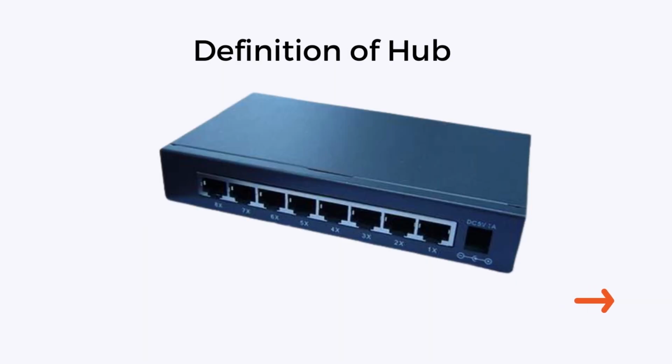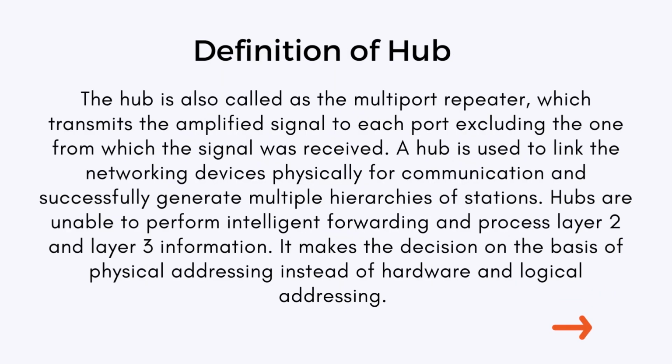Definition of hub. The hub is also called the multiport repeater, which transmits the amplified signal to each port, excluding the one from which the signal was received. A hub is used to link the networking devices physically for communication and to generate multiple hierarchies of stations.